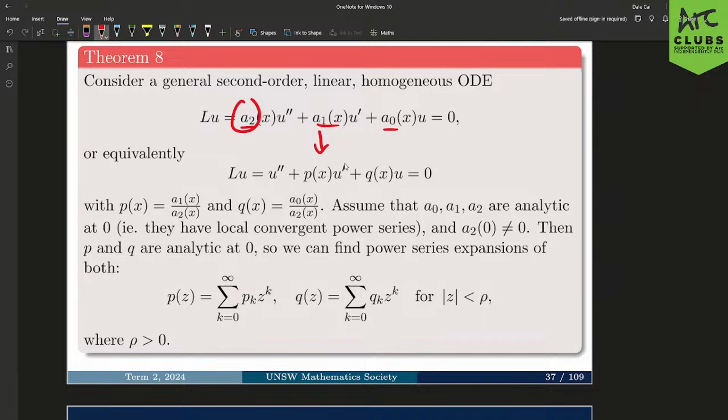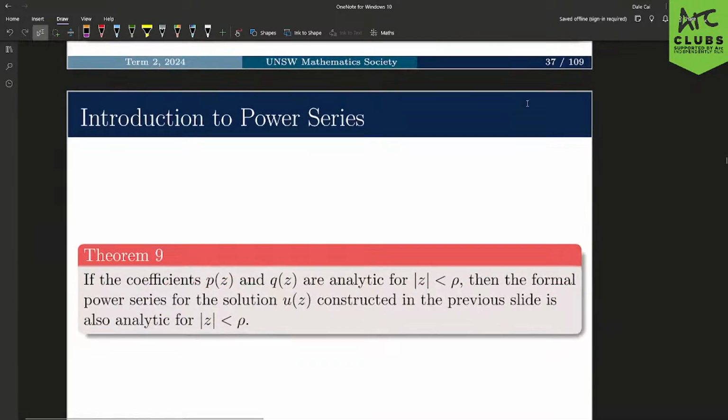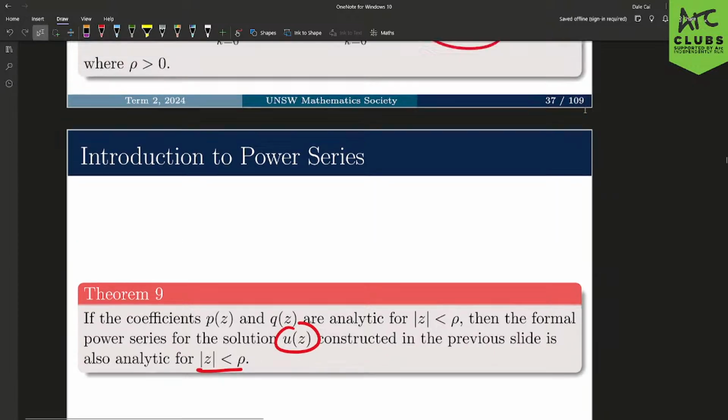Then we have a solution that works in the radius of convergence of the power series of A0, A1, and A2. Oh wait, okay, that's not actually what this is saying. This is just saying that if P and Q are convergent in here, then we can guess u of z as a power series, which will have a radius of convergence equal to that of P of z and Q of z.